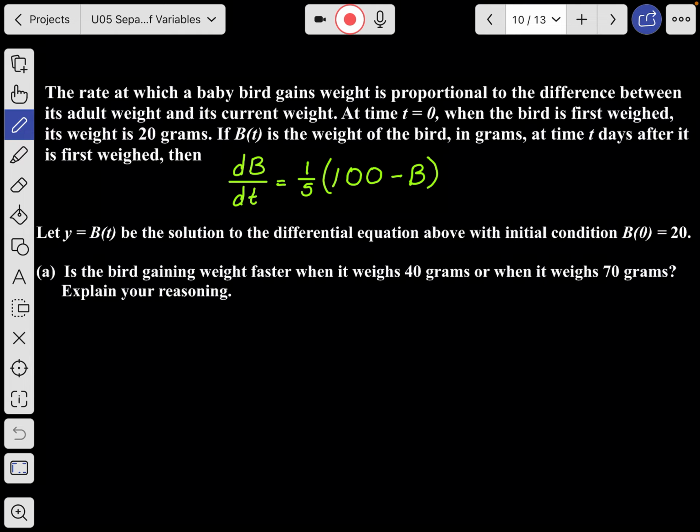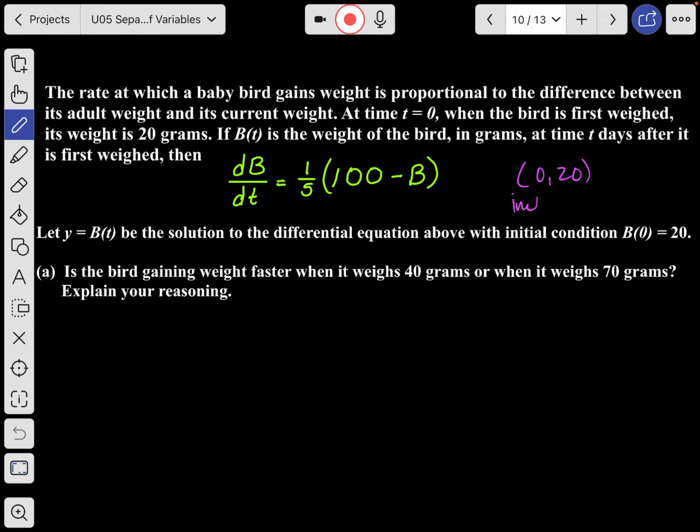Okay, here's another free response from a released AP test. The rate at which a baby bird gains weight is proportional to the difference between its adult weight and its current weight. At a time of 0, when the bird is first weighed, its weight is 20 grams. Okay, that might be important. In fact, you know what that is?